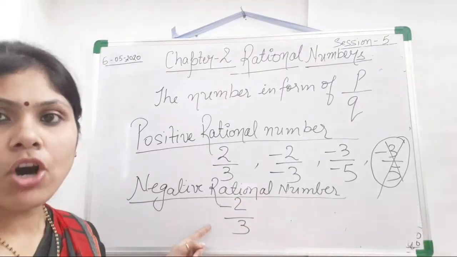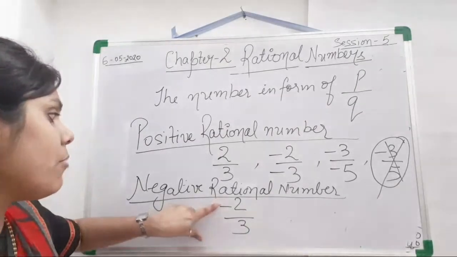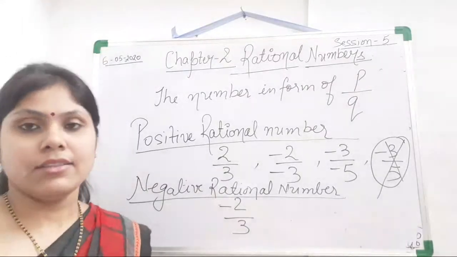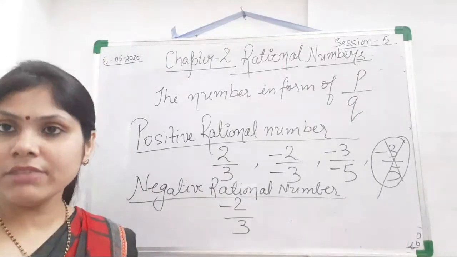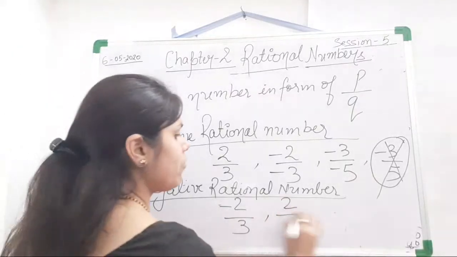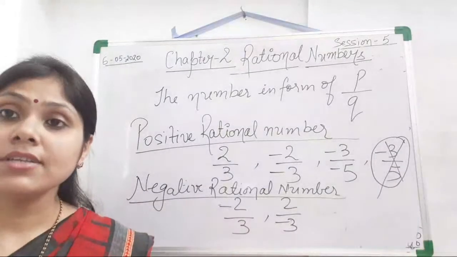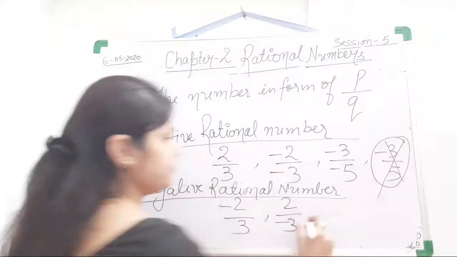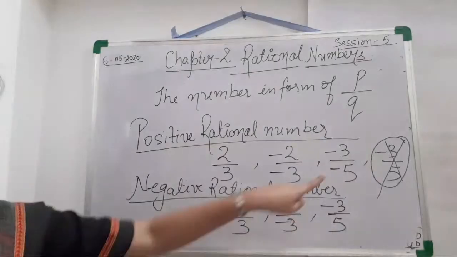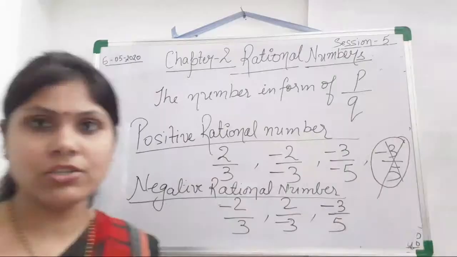Here your numerator is negative and the denominator is positive, so your answer will come negative. This means it is a negative rational number. Here the numerator was negative; on the other side, 2 upon minus 3, the denominator is negative, so it is also a negative rational number. Minus 3 upon 5, which I gave you earlier, was not a positive but a negative rational number.